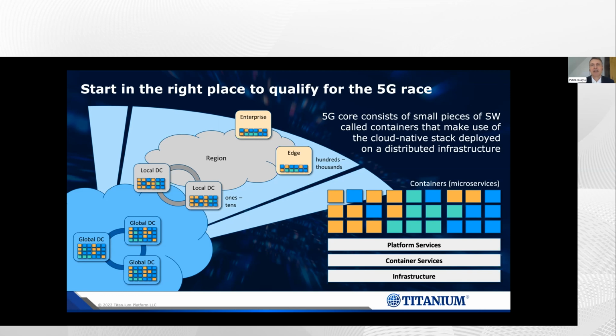Designed correctly, the services delivered by the containers can be distributed across multiple compute nodes and are therefore highly scalable. Examples of the services include the 5G network functions, like the network repository function, NRF, but also specialized platform services, like the service mesh controller. The orchestration of the container-based services is delivered by the underlying container service layer that we will explore in the next step. So the next slide, please.